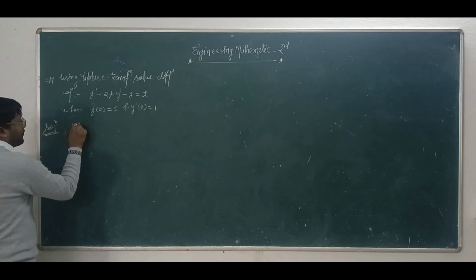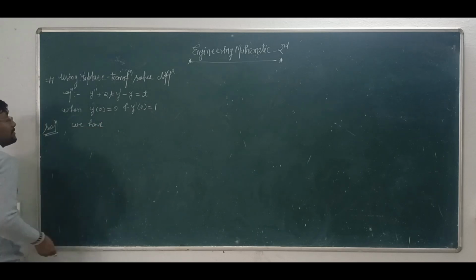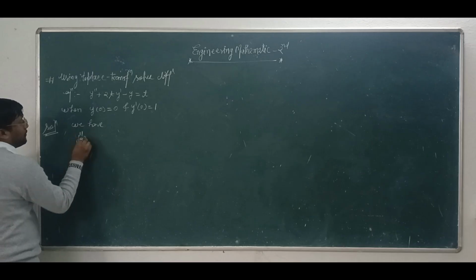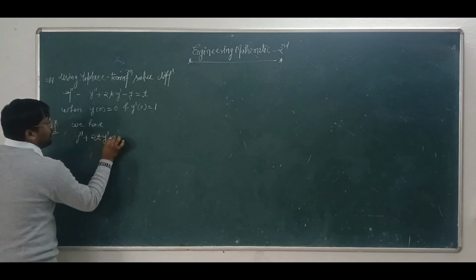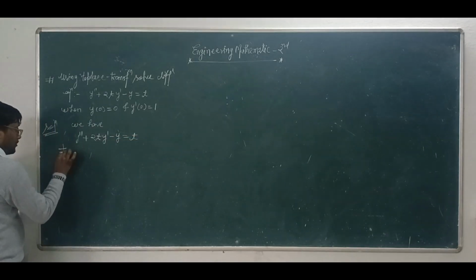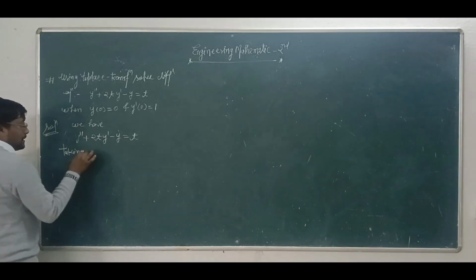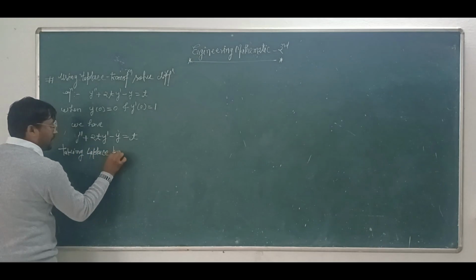First, we have y double dash plus 2t y dash minus y is equal to t, taking Laplace transformation.